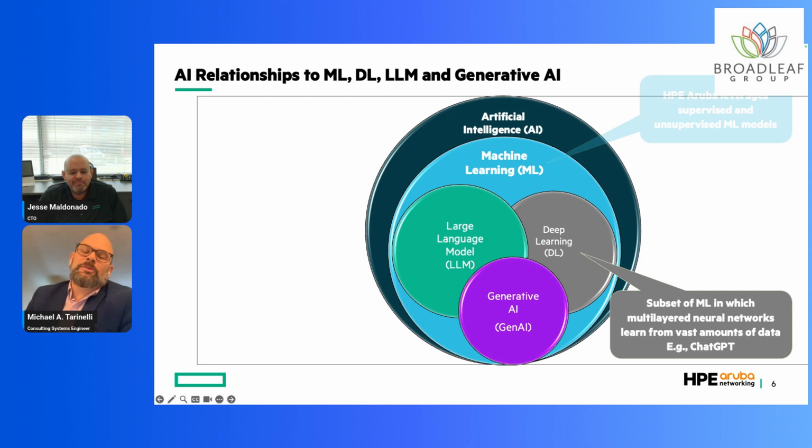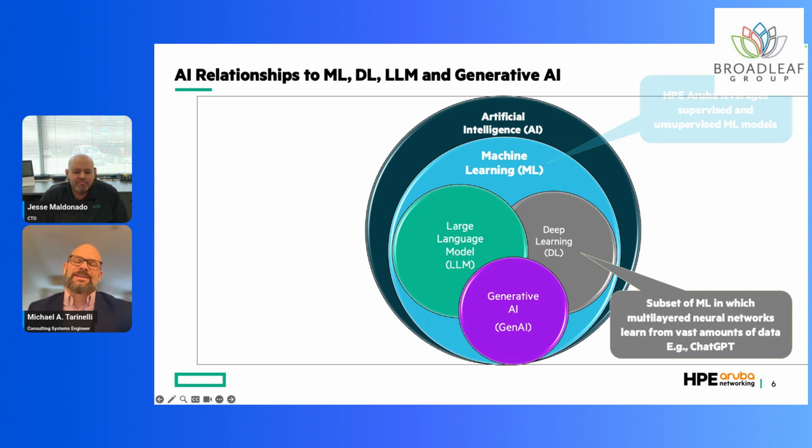Now, I want to talk a little bit about deep learning, just to mention it. Aruba doesn't play with deep learning very much at all. Deep learning employs something called multi-layered neural networks, which is a fascinating space, but I don't have time to talk about it right now. It's very prevalent in image recognition, sequencing DNA, trying to find cures for cancer.